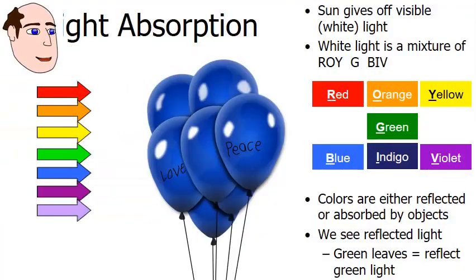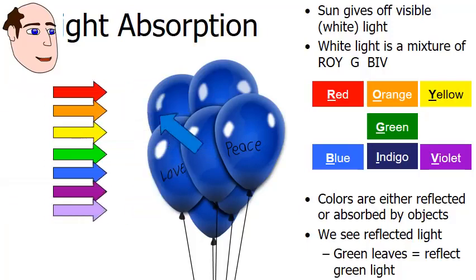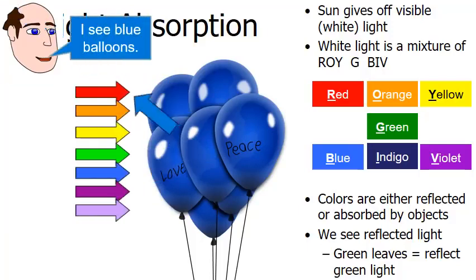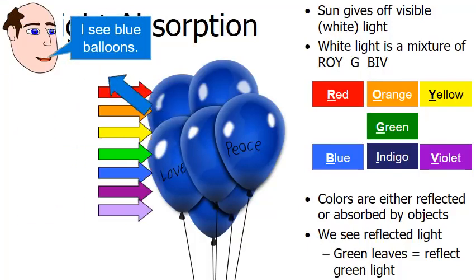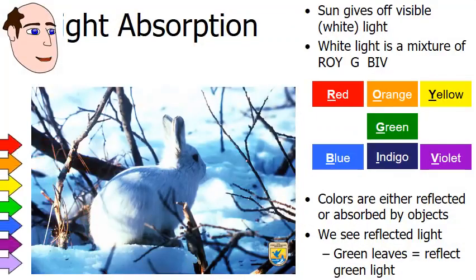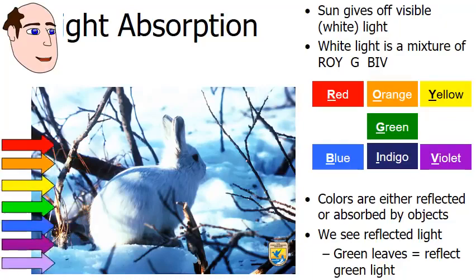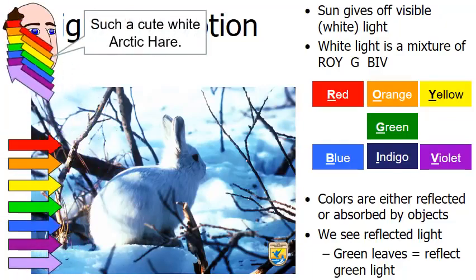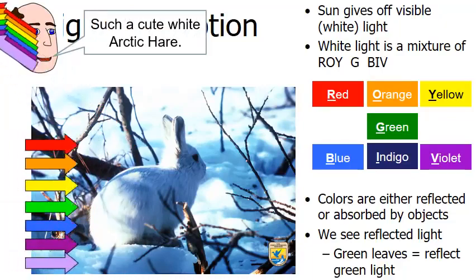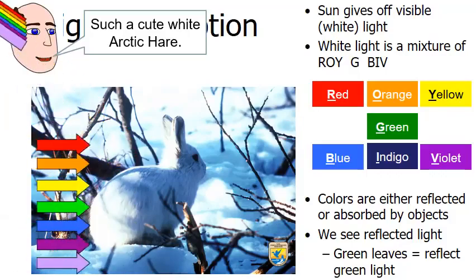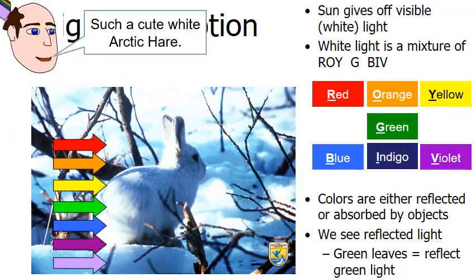When we shine light on these balloons, the blue wavelength reflects into our eyes, and the other colors are absorbed. When we look at white objects like snow or this Arctic hare, the reason objects appear white is because white reflects all the colors, and all the wavelengths of light enter our eyes, and our brain interprets this as the color white.